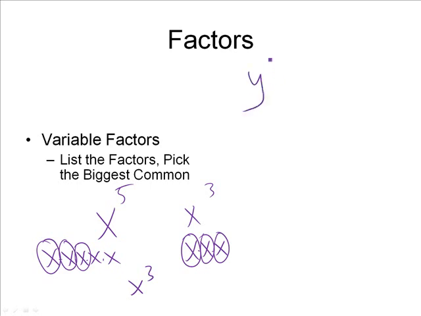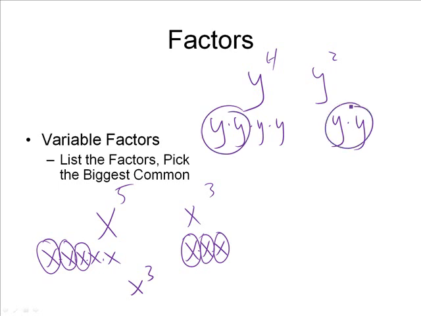So if we were to look at y to the 4th and let's say y squared, then we have y times y times y times y, and y times y over here. We have 2 common y's for both of them.